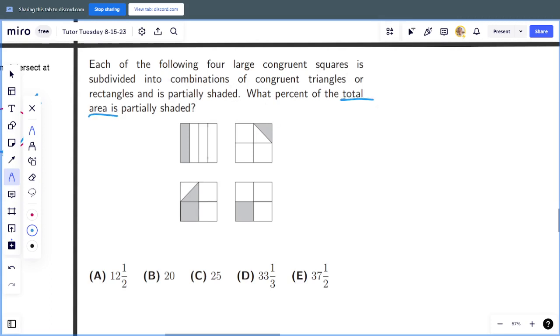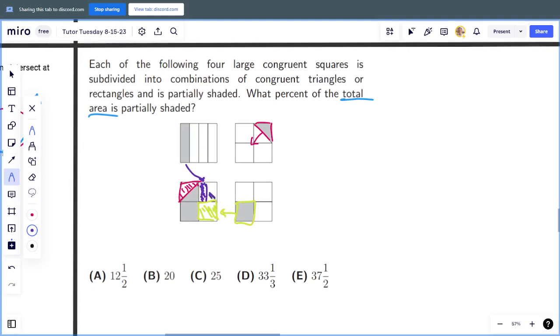Total area. Okay. What I would do is literally take these pieces and start moving them into place in one figure. So I could move this square right here, and then this last bar, which is a quarter of this square, is going to fit right in here.